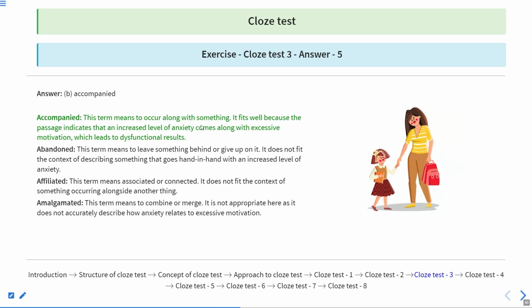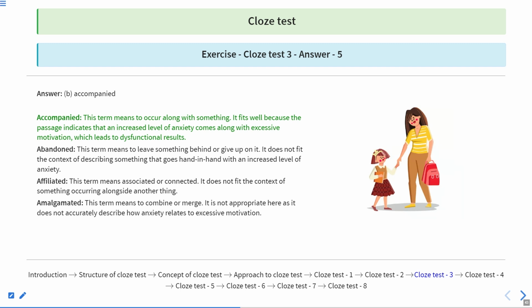It is accompanied. This term refers to occurring along with something. It fits well because the passage indicates an increased level of anxiety which is coming with excessive motivation. This can lead to dysfunctional results. Abandoned. This term means to leave something behind or give up on it.